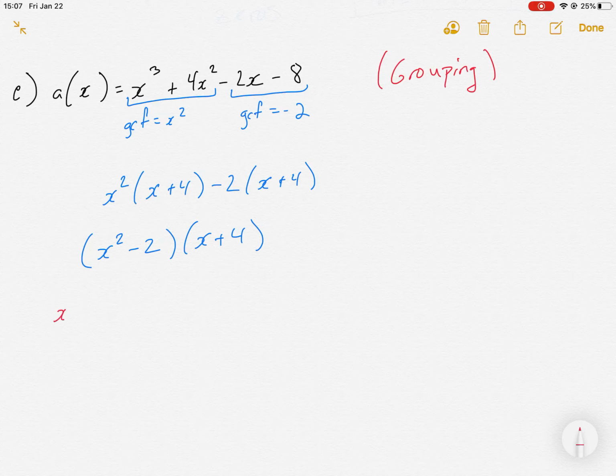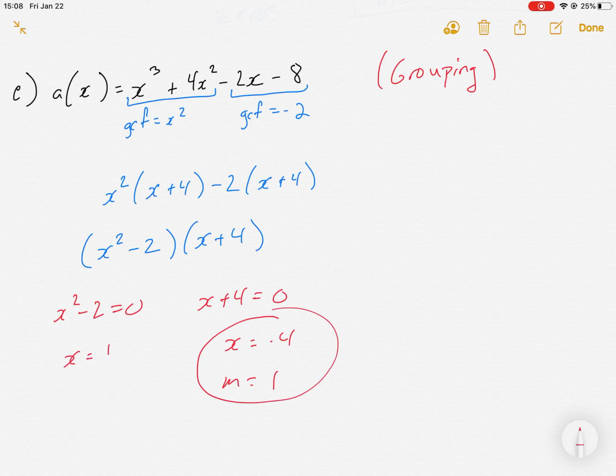And so then going ahead and solving, we end up with x squared minus 2 equals 0 and x plus 4 equals 0. And so I now have all of my zeros. There are three zeros there, plus or minus square root of 2, and -4, and they all have multiplicity 1.